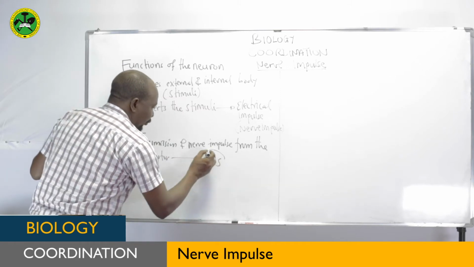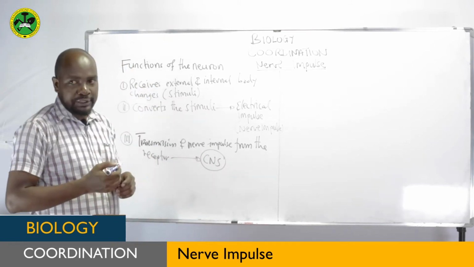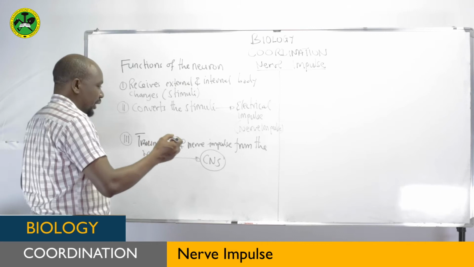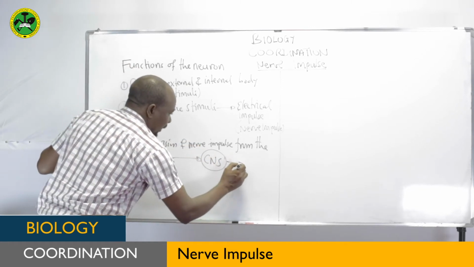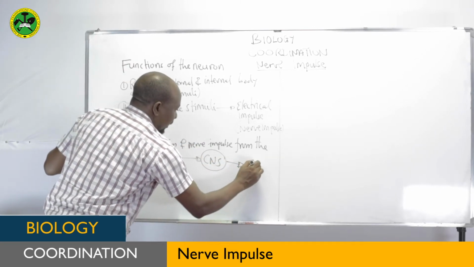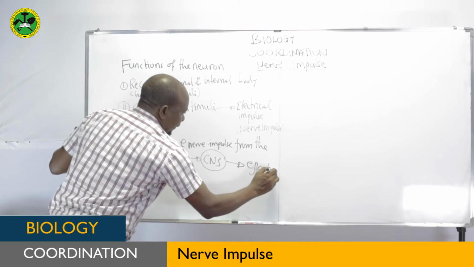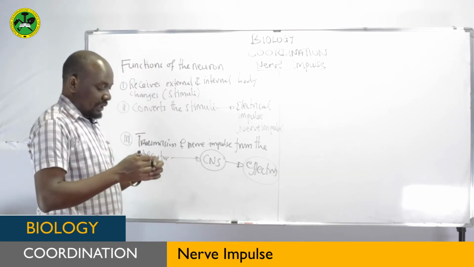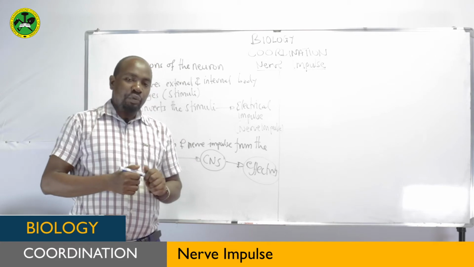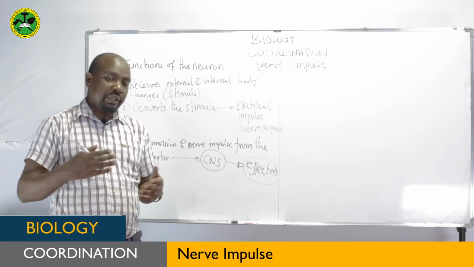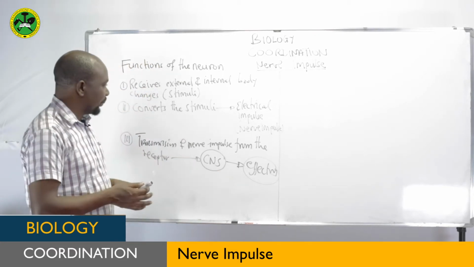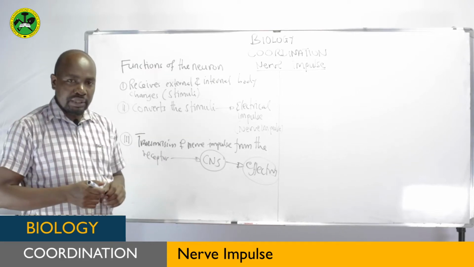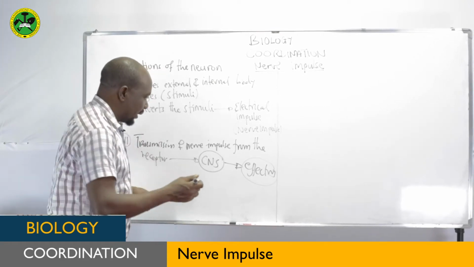Then, from the central nervous system, the nerve impulses are also carried to the effectors. The effector is the body organ whose major function is to take the response appropriate to the nature of the stimuli.